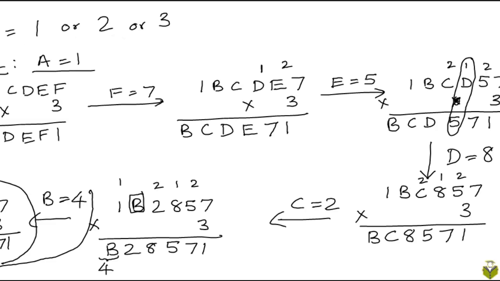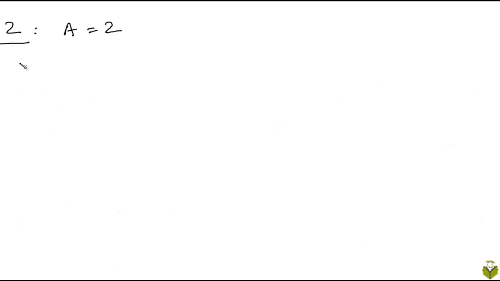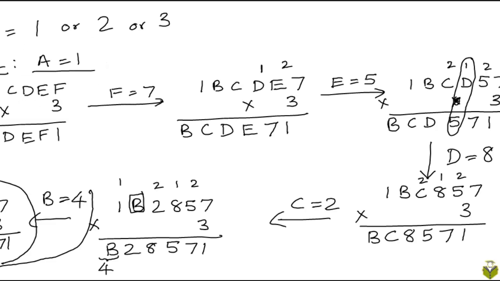So instead of 1BCDEF being multiplied by 3, we would get 2BCDEF being multiplied by 3, and the result would be BCDEF followed by a 2.